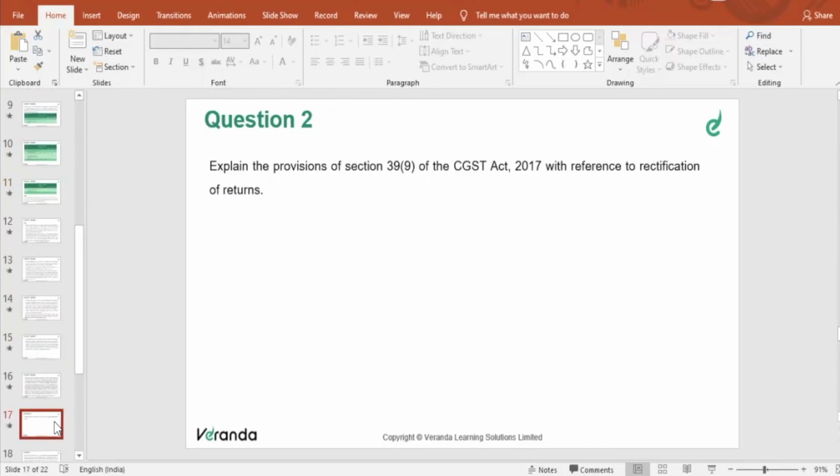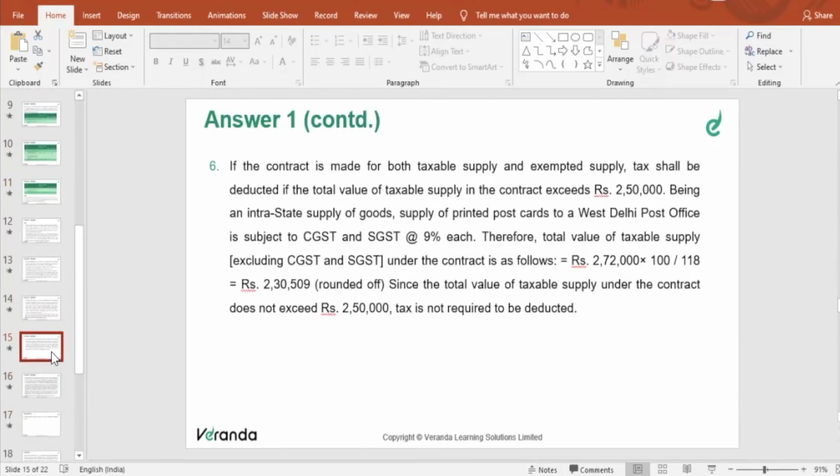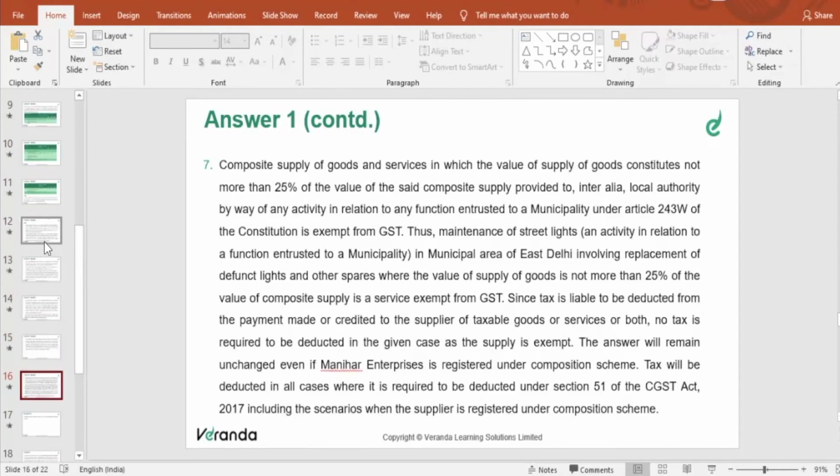Thank you. The last one, if a contract is made for both taxable, no, I'm sorry. Composite supply of goods and services in which value of goods constitutes not more than 25% of the value of composite supply.